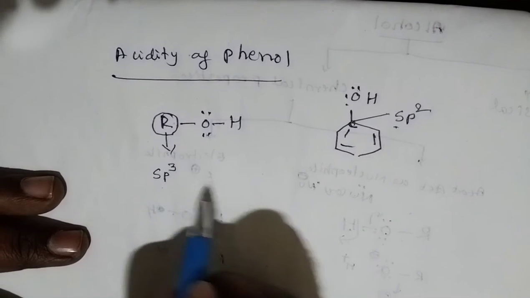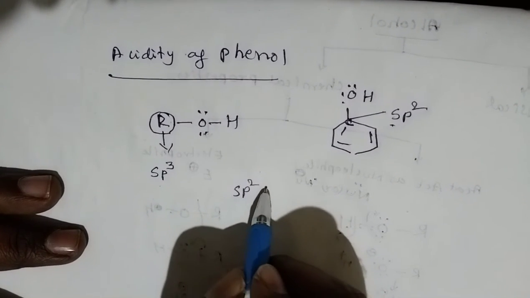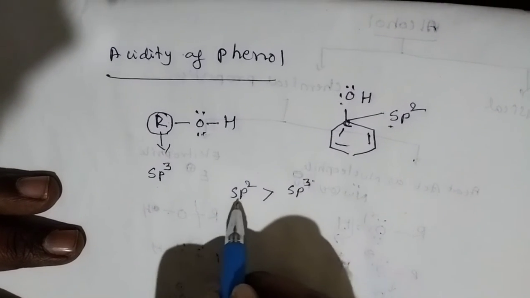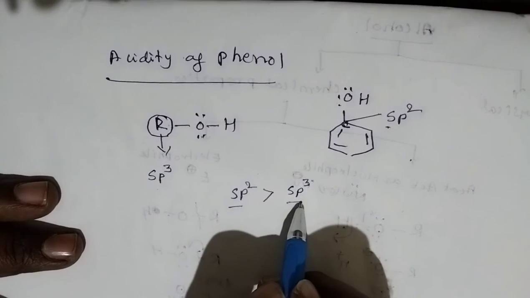Okay, so sp2 carbon is more acidic than sp3 carbon atom. Simple.